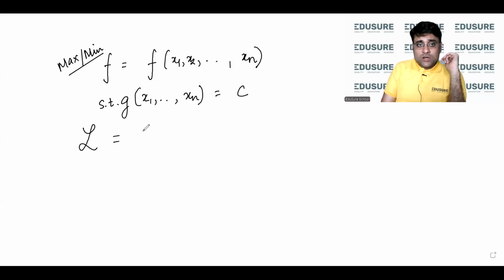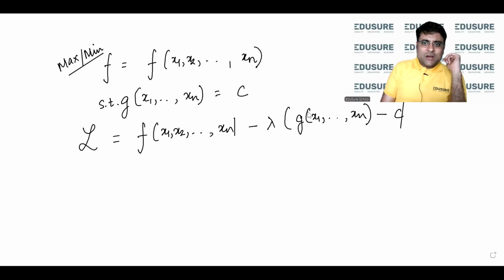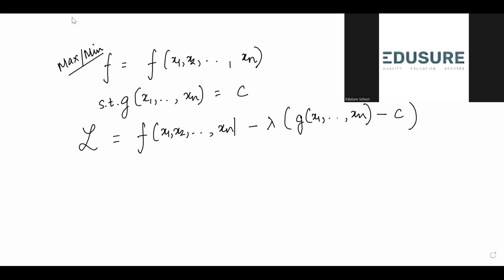Lagrange कुछ ऐसे फॉर्म होगा, f x1 x2 up to xn minus lambda. By now we are already used to understanding how to form the Lagrange, and वो Lagrange का formulation looks like this. Now we need to basically solve the Lagrange.